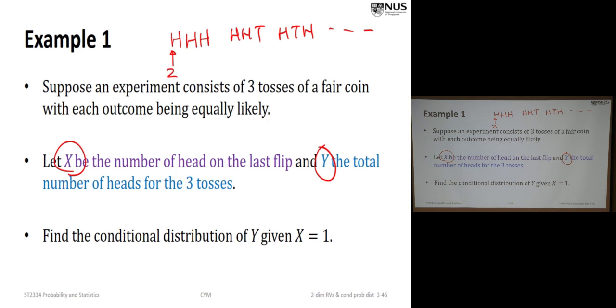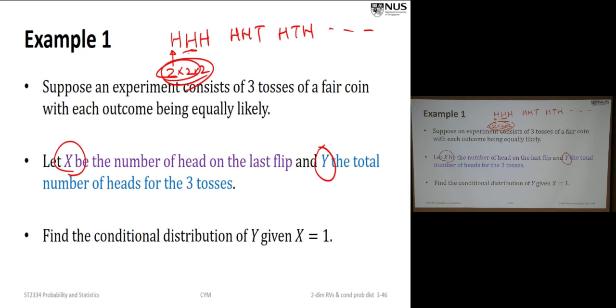For each of these 2 outcomes, there are another 2 outcomes for the second one. Then for each of these 4 outcomes, you have another 2. So altogether there are 8 possible points, and they're all equally likely. So each one has probability 1/8.